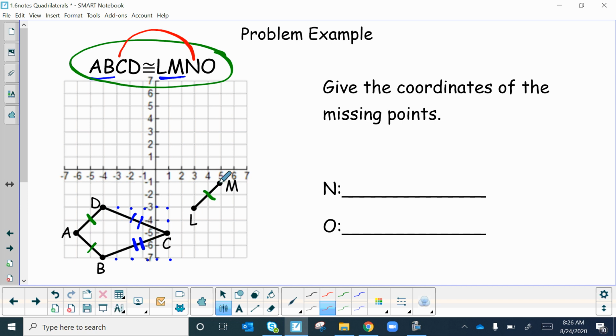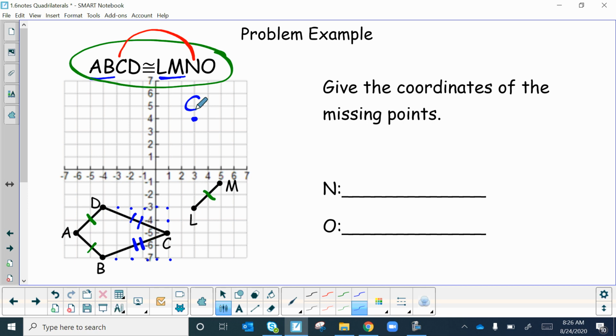So L to M, and then C could be somewhere up here. Okay, so it goes 5 over and 2 down, so I can count that over here. 1, 2, 3, 4, 5, 1, 2. So I could put C right there.